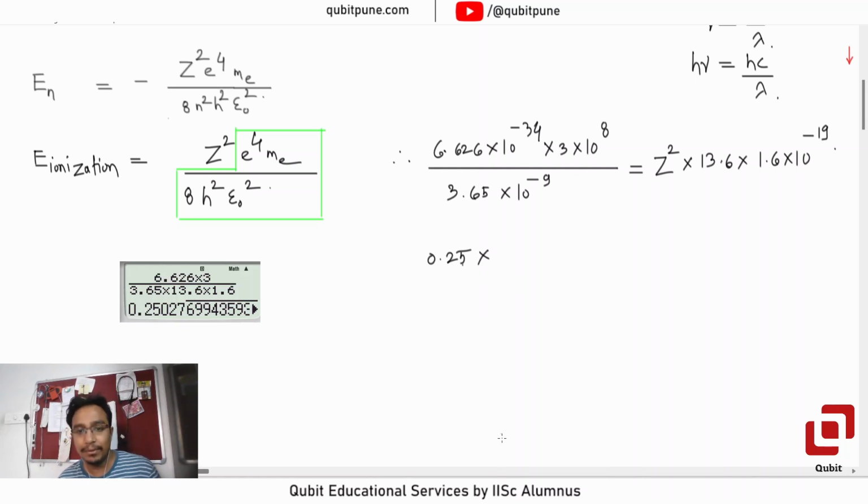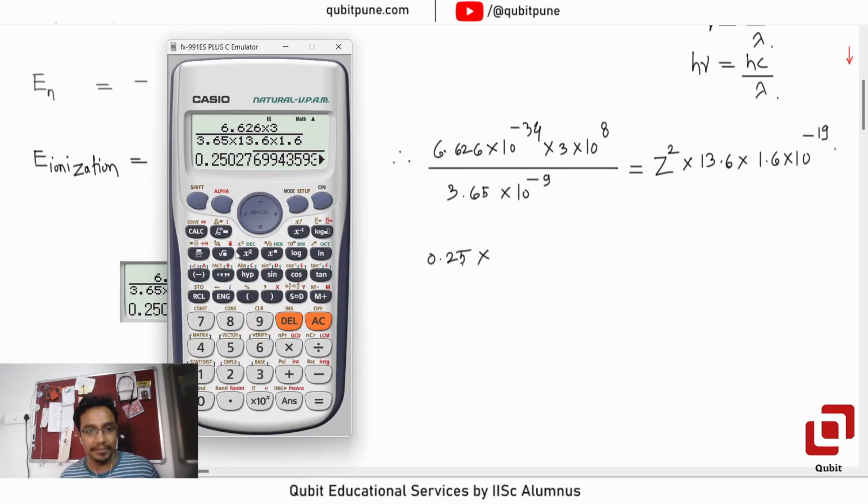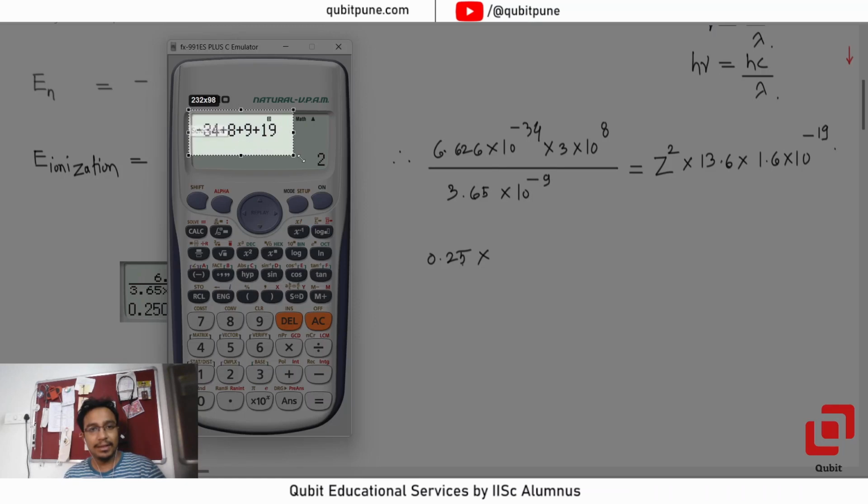we never know. Now we need to consider the powers of 10. Okay, so negative 34 plus 8 plus 9, that negative 9, when it goes to the numerator it becomes plus 9. And how about this negative 19? That should also be added to this.